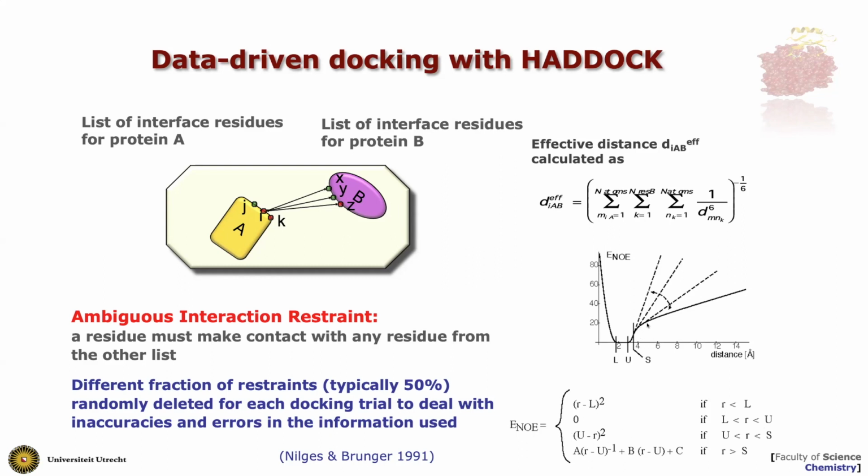But as you move away from that, to longer violations, where your experimental data tell you it should be somewhere in here but your model is somewhere in there, we switch from harmonic to basically a linear function. So the energy still goes up, but the advantage is that the force becomes constant.